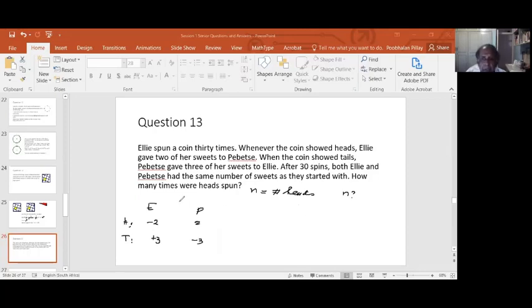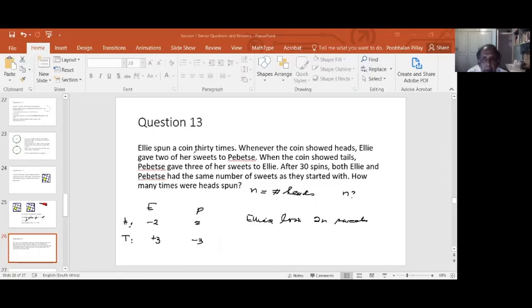If there were n heads, let's see what happened to Ellie. Ellie lost 2n sweets, because for each head she lost 2 sweets. So after n heads, she lost 2n sweets.